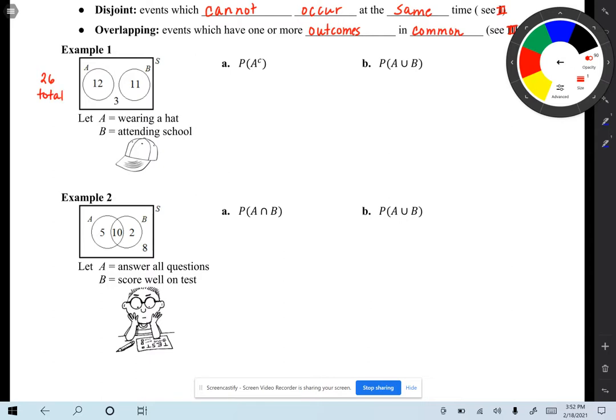In A, we are asked to find the probability of not A. Again, you have to know what this means. So what's the probability that it's not A?